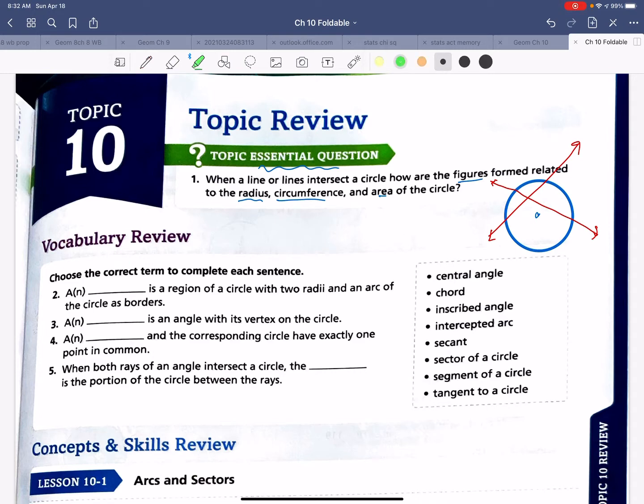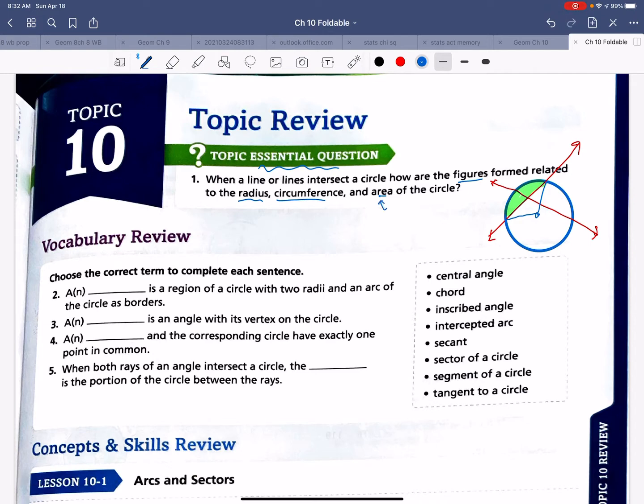We notice if this line goes here, then to find the area of that, we have to draw in radiuses and figure out the area of the sector and then subtract the area of that triangle. Do you see kind of how that plays together there?